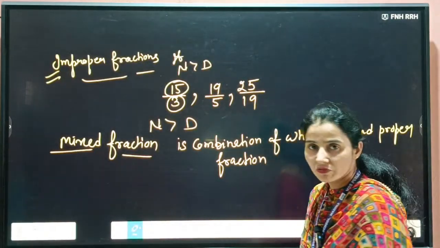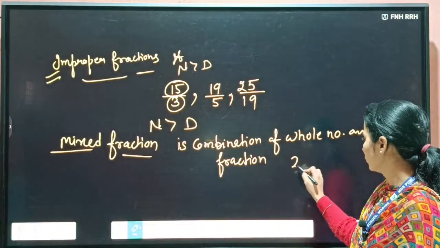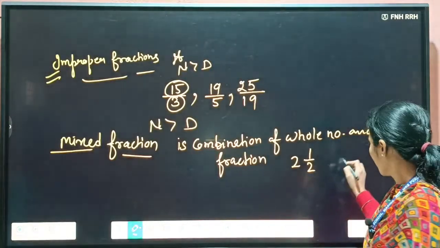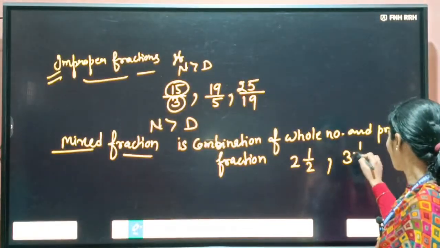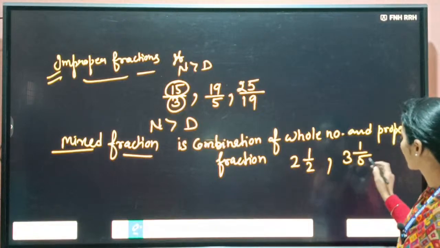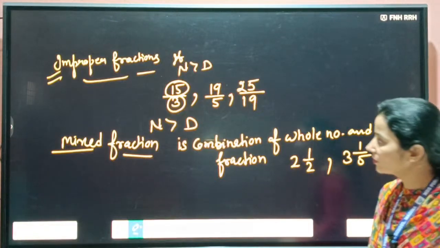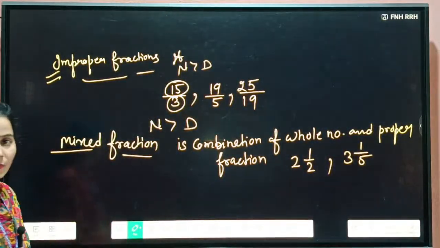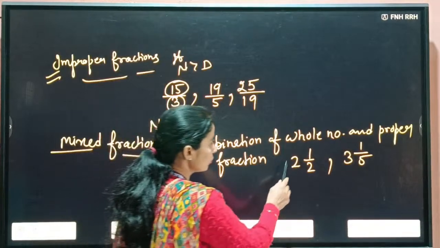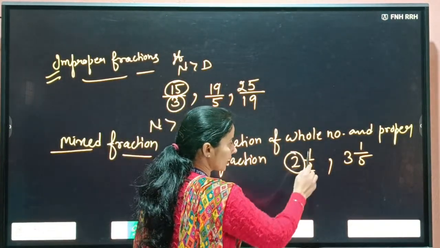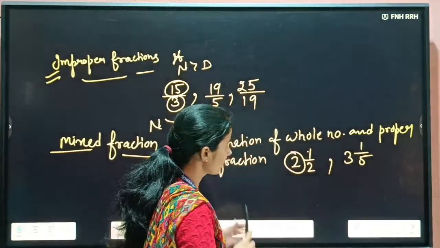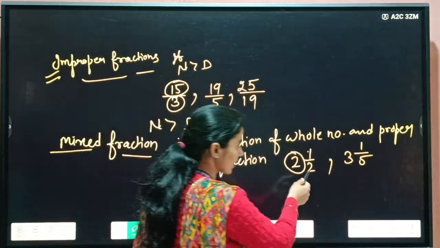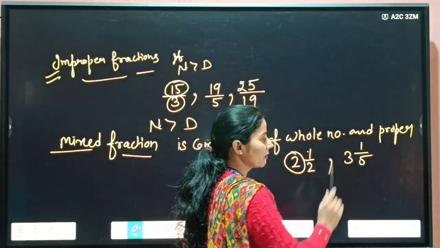Those are mixed fractions, like 2 whole 1 by 2. Next is 3 whole 1 by 5. These all are examples of mixed fractions. Like in 2 whole 1 by 2, this is the whole part and this is the proper fraction. This 1 by 2 is again a proper fraction, and 3 whole 1 by 5.